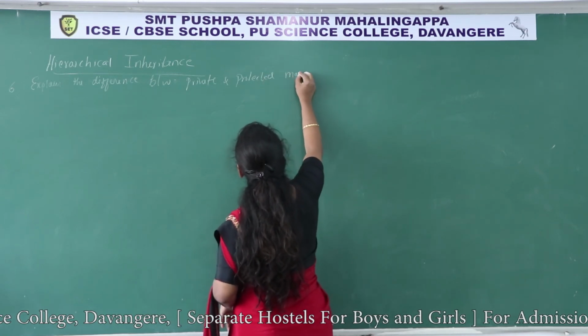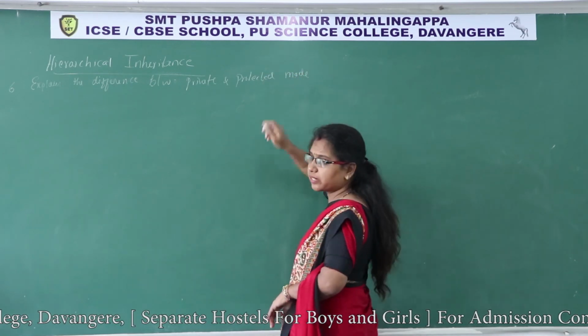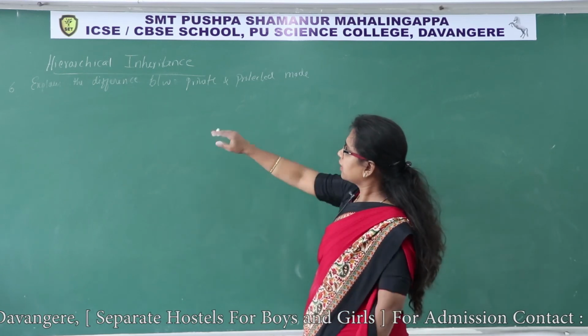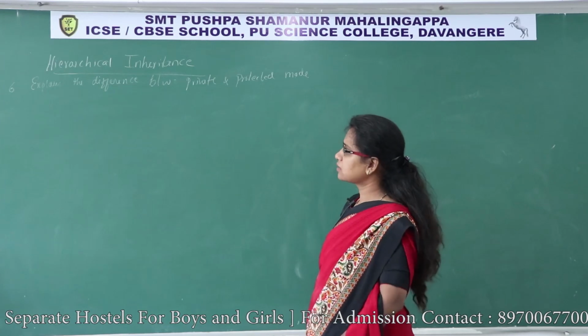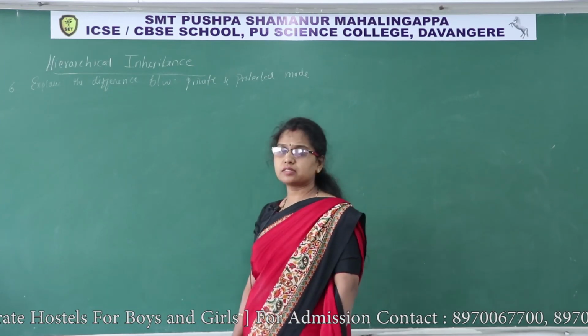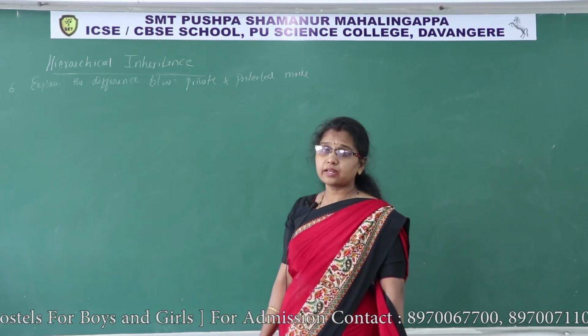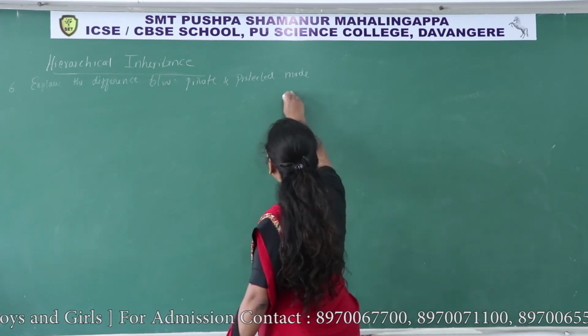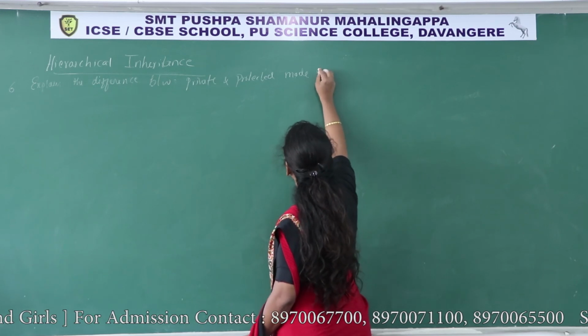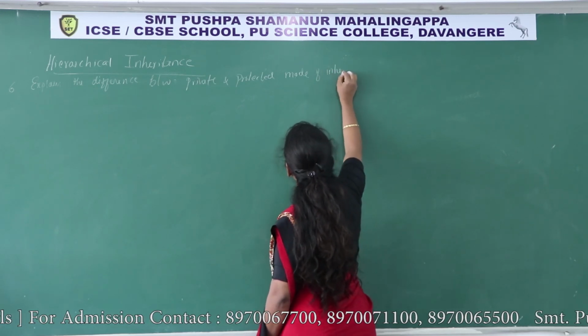Mode of inheritance, not access specifier here, don't get confused. Here they are asking mode of inheritance. In the previous classes, in the class and objects, we discussed the difference between private access specifier and protected access specifier. Here it is private and protected mode of inheritance.